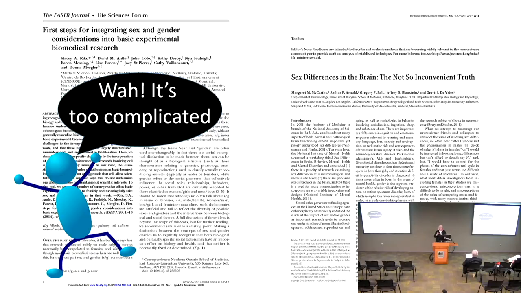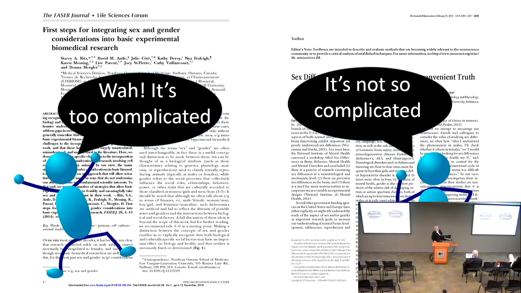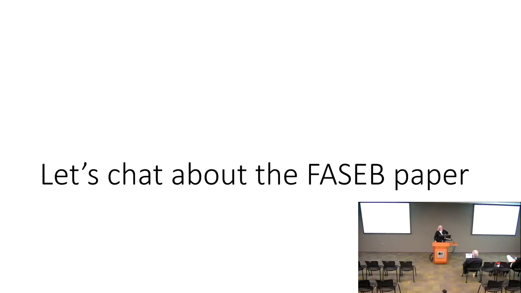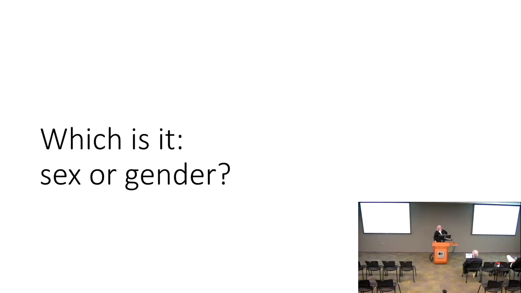I can imagine that this is kind of where one starts if you're not used to thinking about males and females and how to deal with these potential differences. This, on the other hand, is a clear message that it's not so complicated. You can really do this, which is why part of their title is it's not such an inconvenient truth. Okay, so let's chat about the FASEB paper. They start by tackling this big issue, which I have dealt with as well.